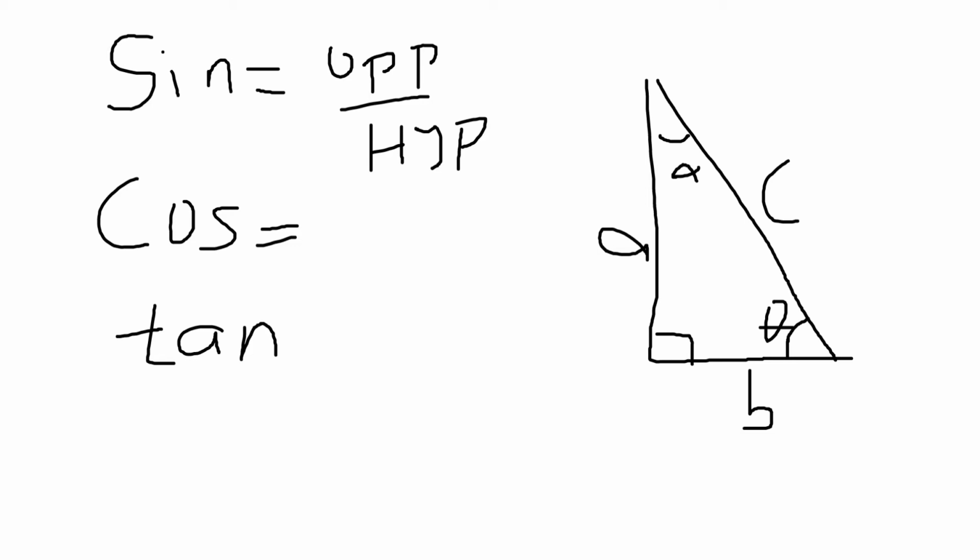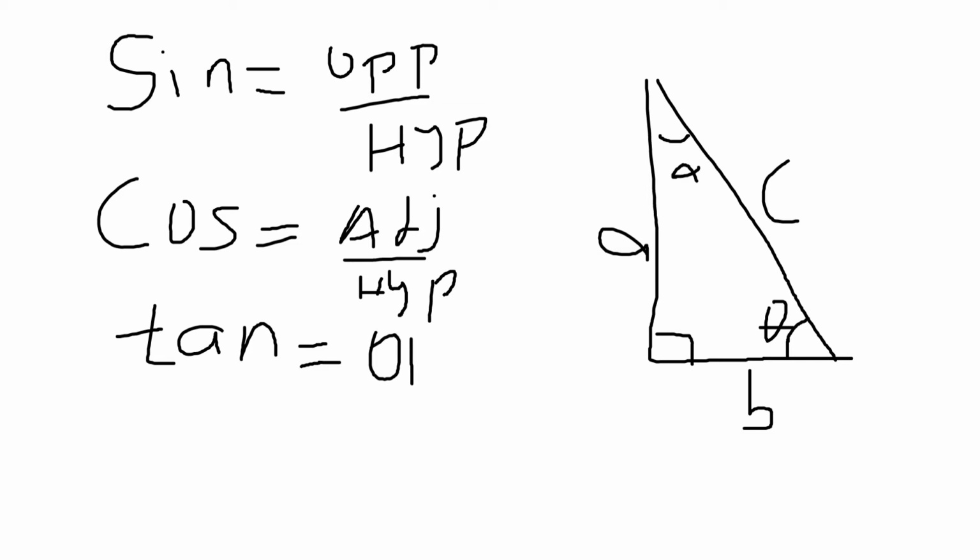The cos is the adjacent divided by the hypotenuse, and the tan is the opposite divided by the adjacent.